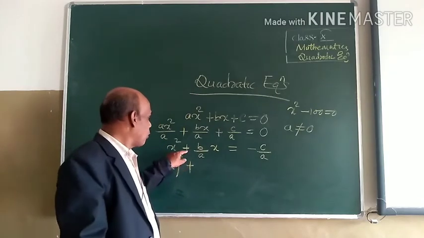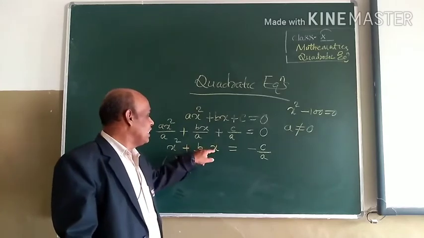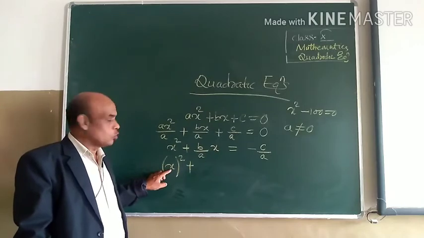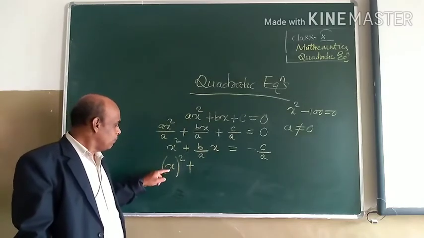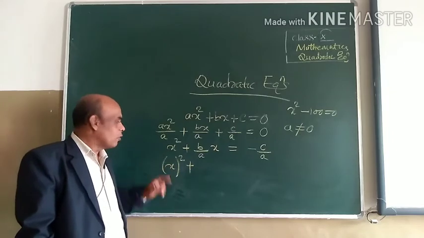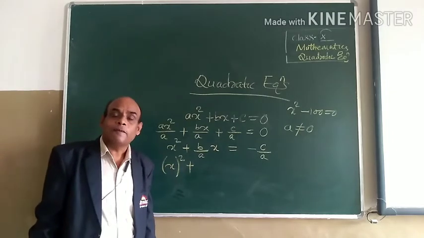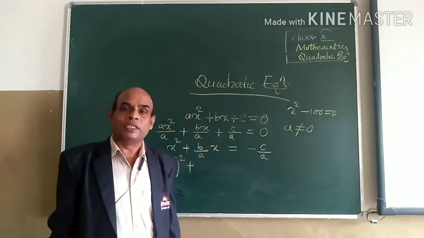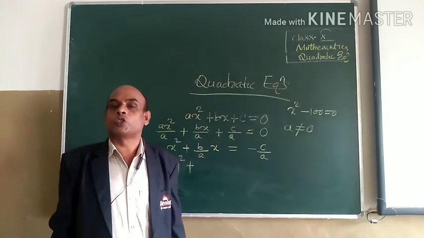Why? Because a plus sign is there and x is there. Suppose this is a. If we say this is a square, then a square plus b square plus 2ab is the a plus b whole square form.